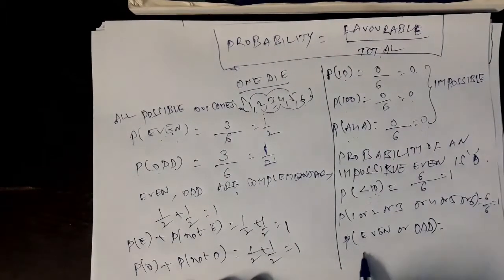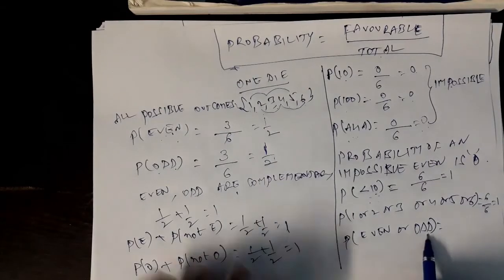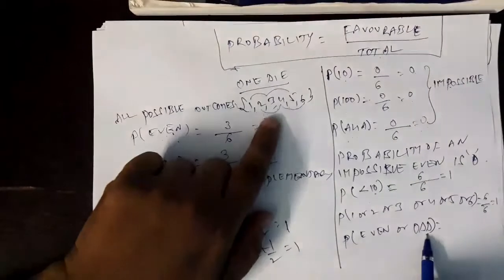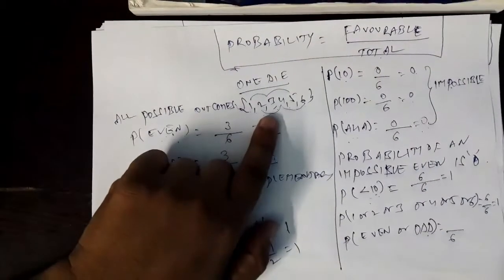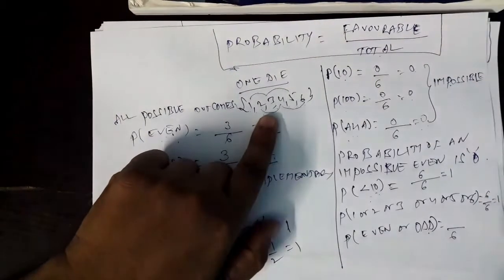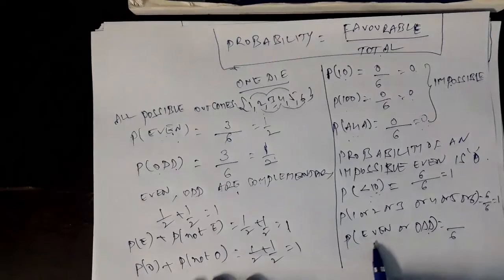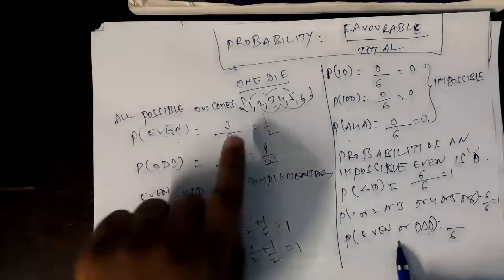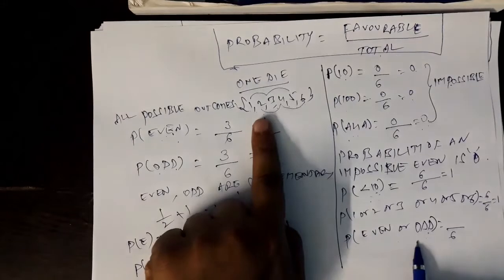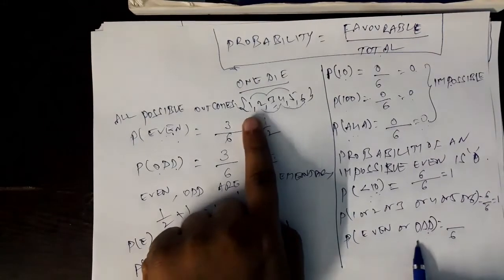Now coming to this. This event is an even number or an odd number. When you roll a die, all possible outcomes, of course, the total is 6, the denominator. Coming to the numerator, favorable. What is the event here? Getting an even number or an odd number. Let us see how many of these 6 are satisfying this. Is 1 satisfying this condition?